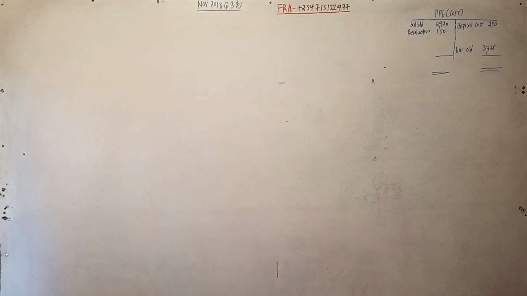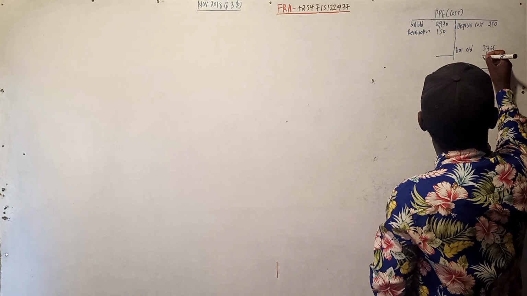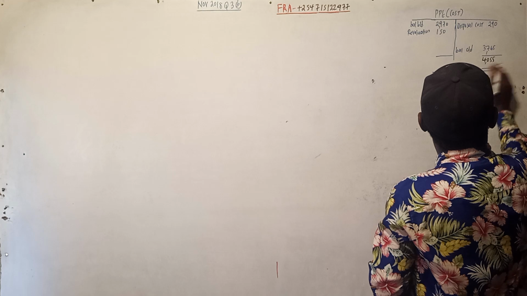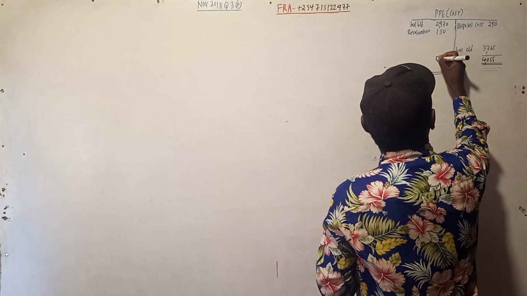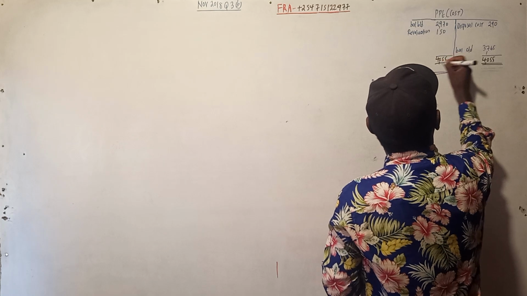So let us balance it. 290 plus 3765. This is 4055. So 4055.